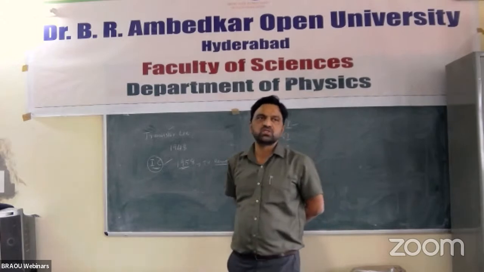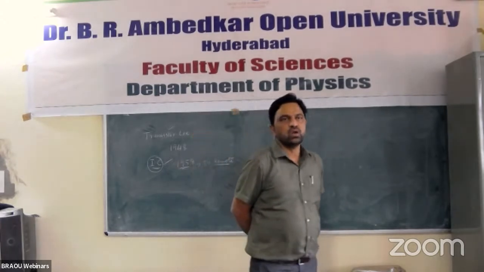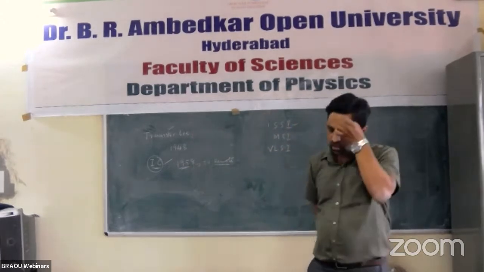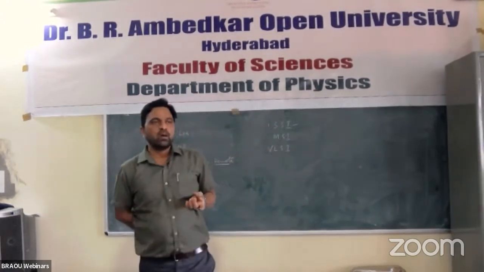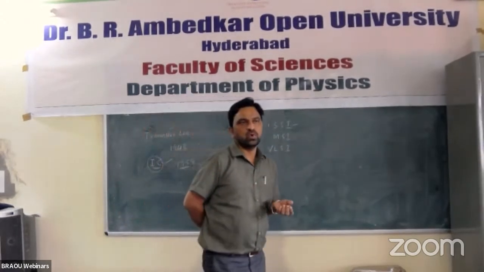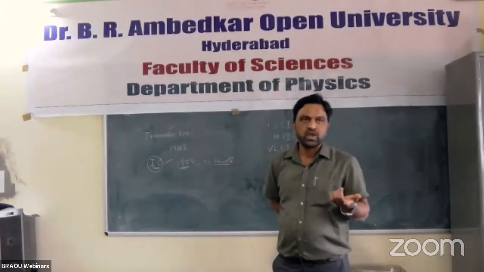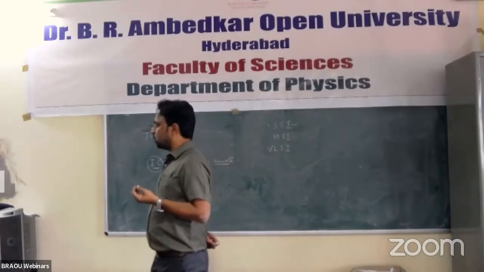Small scale integration means only some hundreds of components put together. Hundreds of components means you may have a number of transistors and different gates in that. You know, a gate is also a semiconductor device, and a transistor is also a semiconductor device. So all these different components are put together.